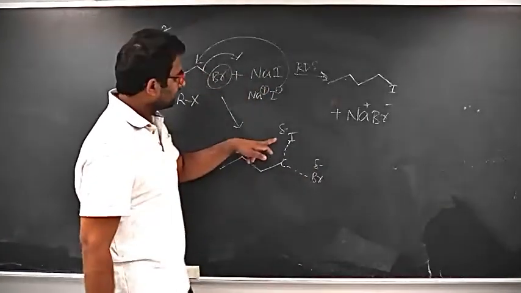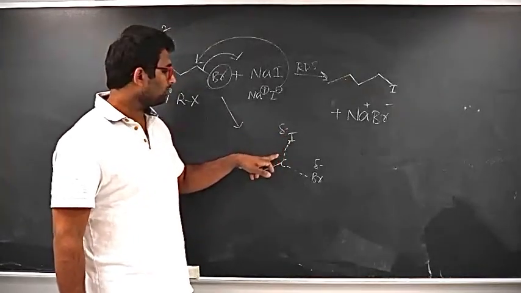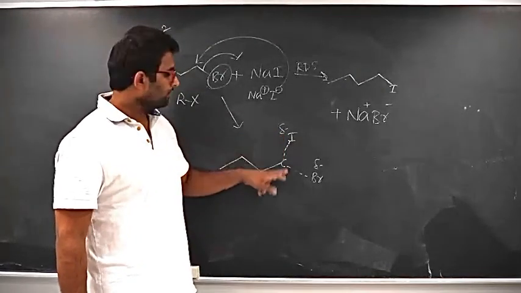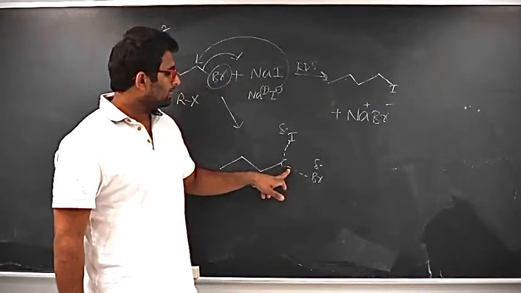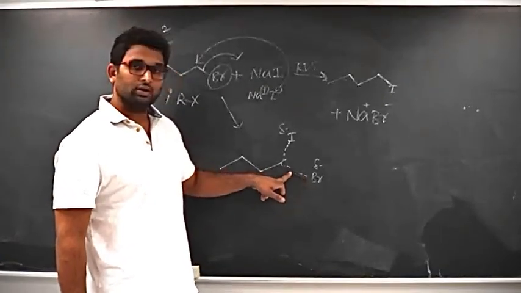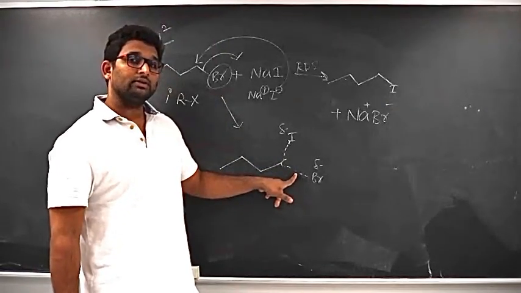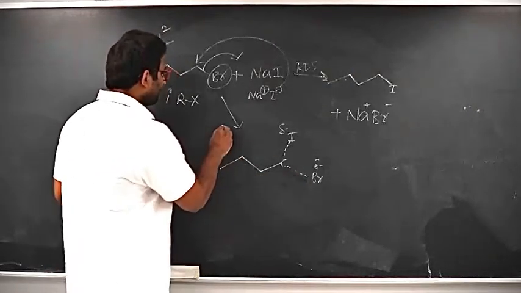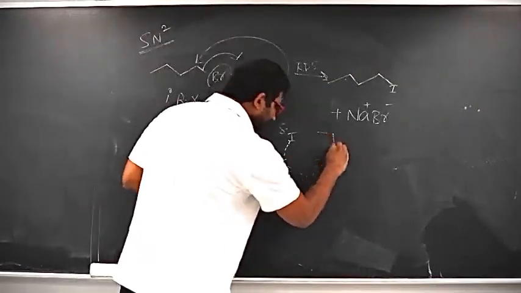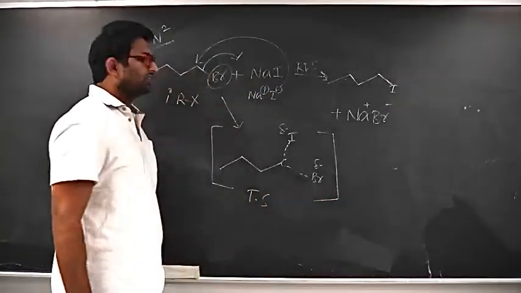The dotted line between carbon and iodine represents formation of a new bond. The dotted line between carbon and bromine represents the breaking of the bond. So the formation of the bond and breaking of the bond happen simultaneously. This is how the transition state for this reaction looks.